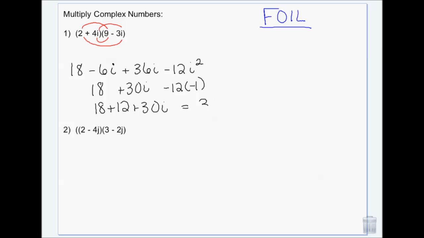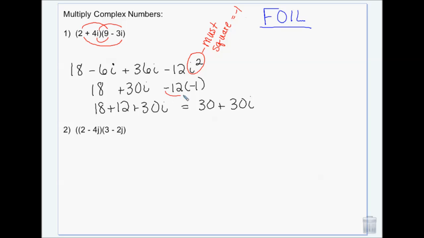So what this actually is going to equal is 30 plus 30i. Okay. Wait, huh? Okay. So your i squared, you can never leave that as i squared. So they gave me the negative 12 times negative 1, so that's plus 12.